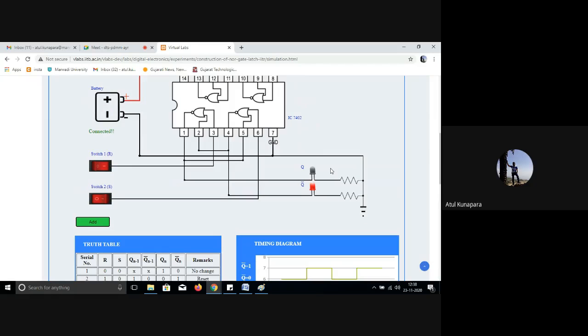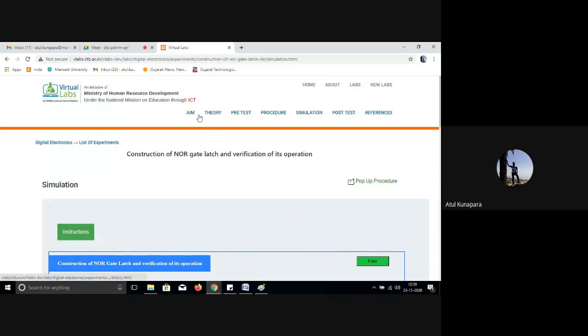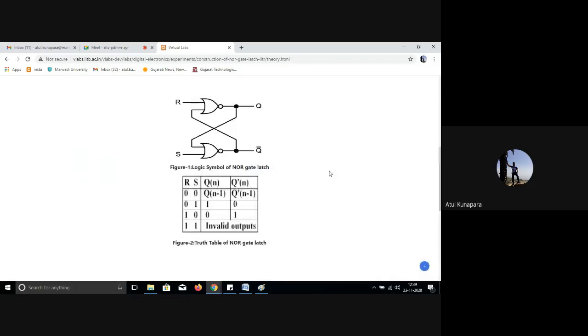What you have to observe here is the table which we have learned, that is, the truth table of this logic gate: what the NOR gate latch is and how it gives the output set and reset. This condition you have to verify there. That simulation tab is of a logic low kind of development, so you consider this table to be reversed.